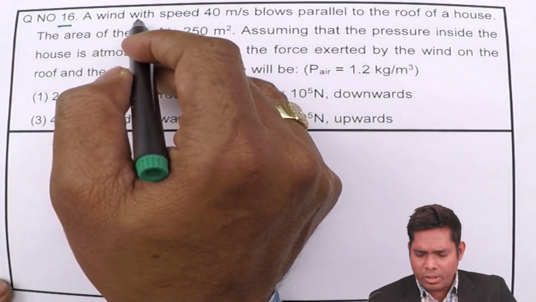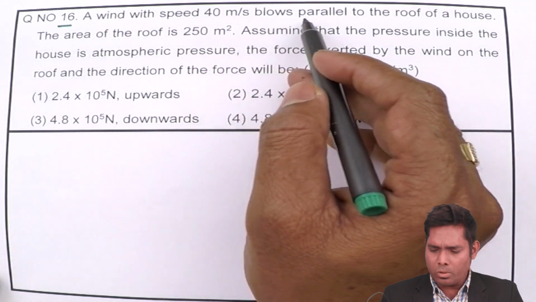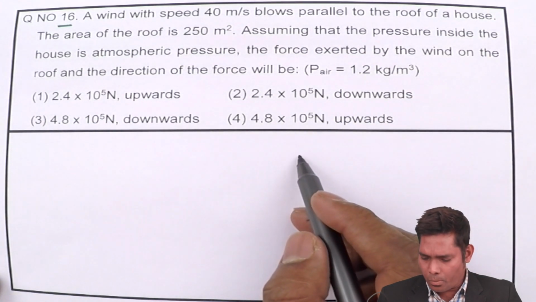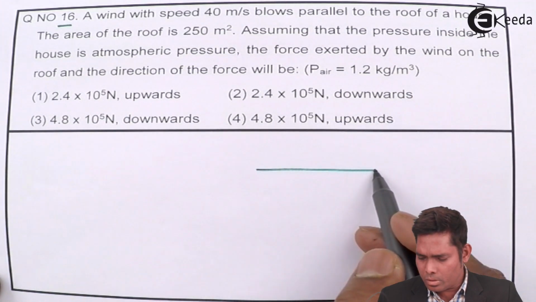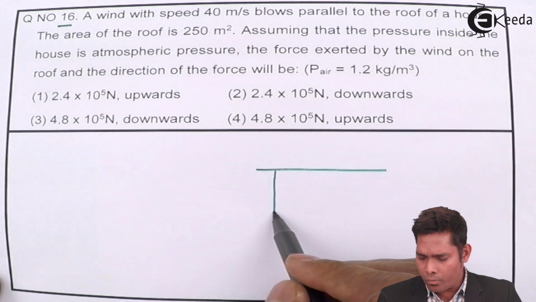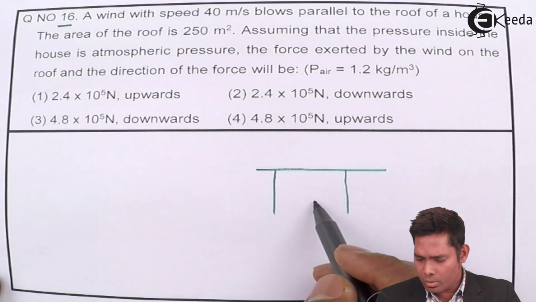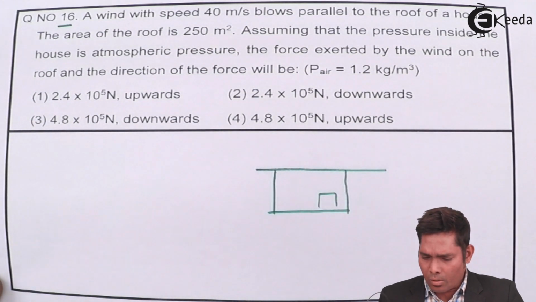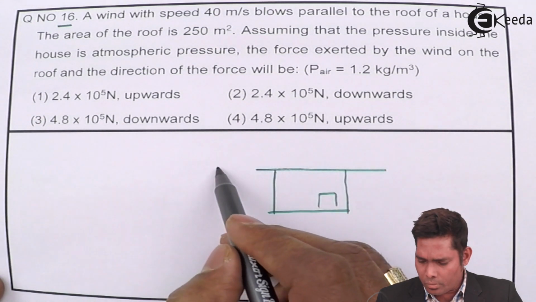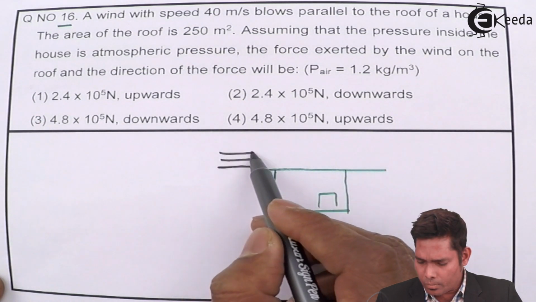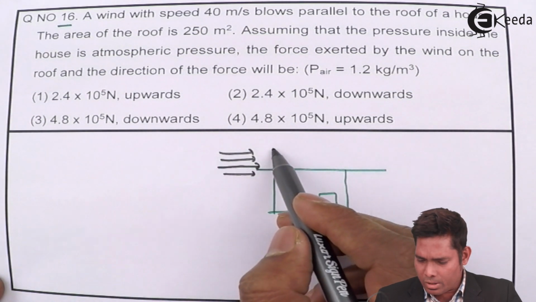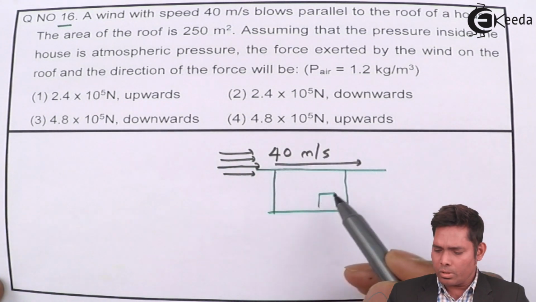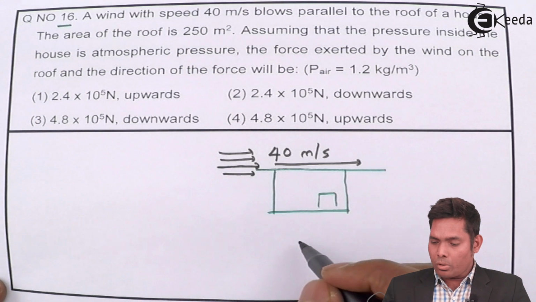A wind with speed 40 meters per second blows parallel to the roof of a house. Suppose this is the roof of a house and wind is flowing with a speed of 40 meters per second, parallel to the roof of the house.